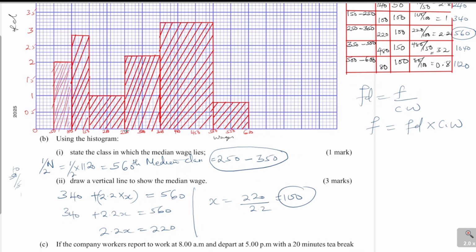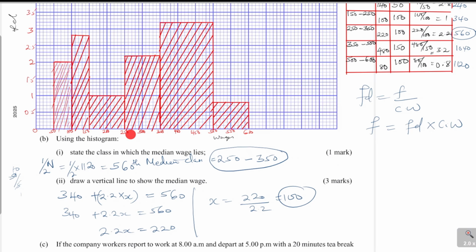From here, we are going to count 10 squares: 1, 2, 3, 4, 5, 6, 7, 8, 9, 10. So this will be the position where we have 350. So from 250, the position of the median, you count 100. The class width is 100.